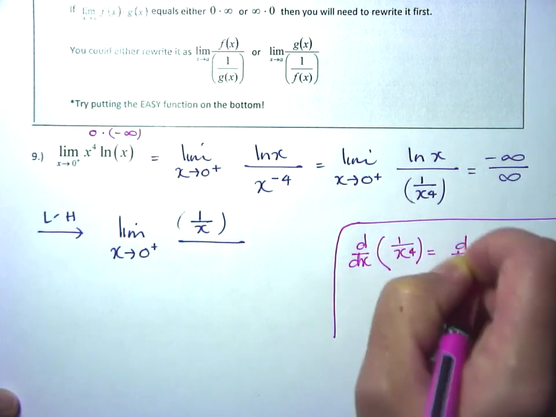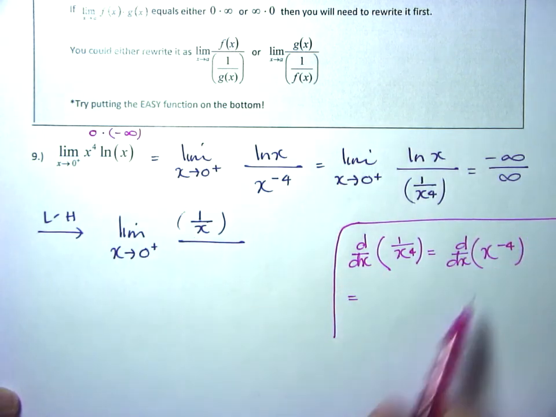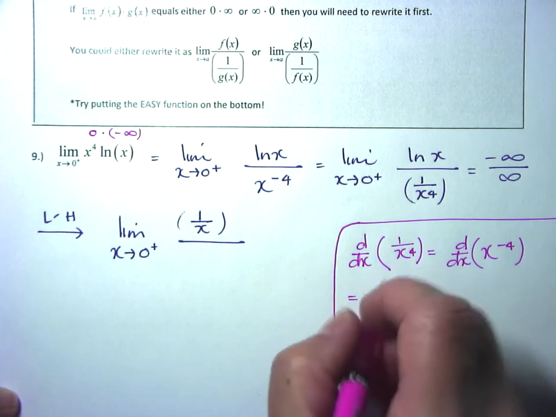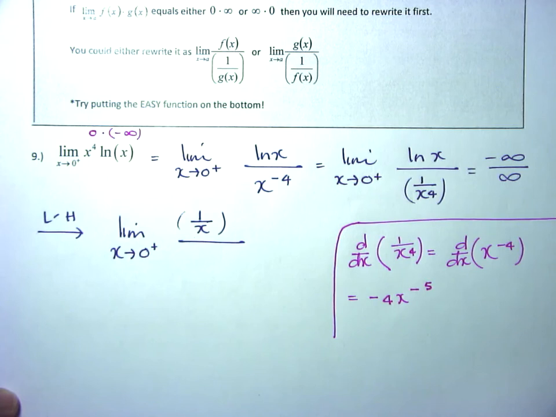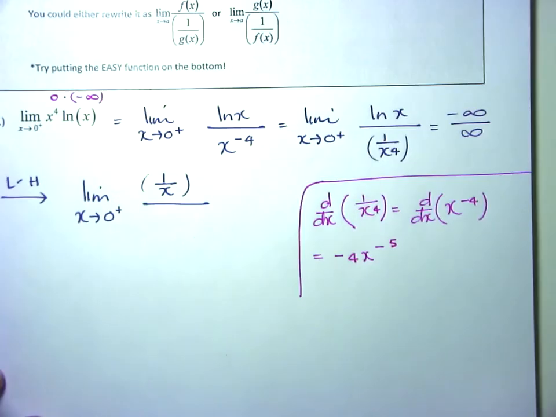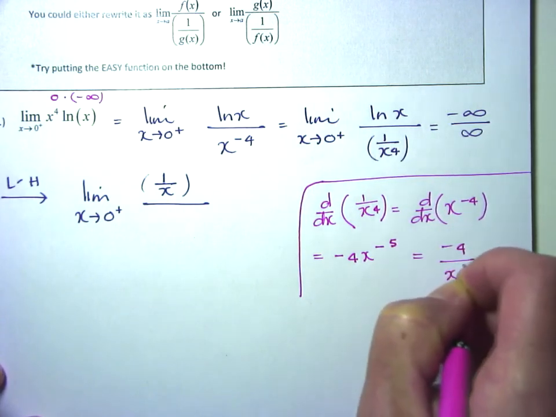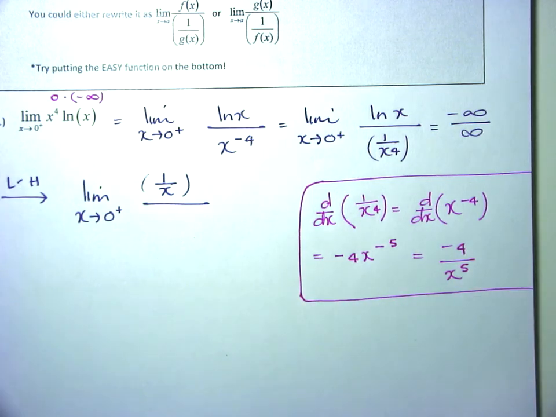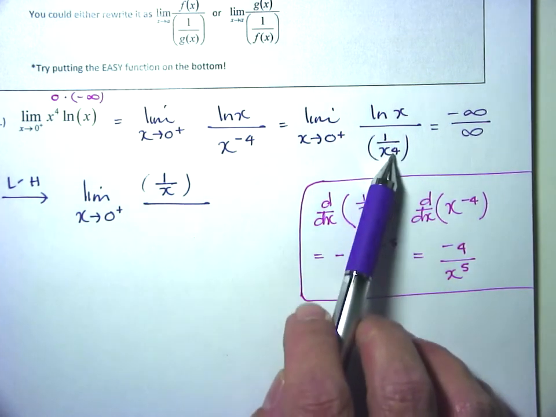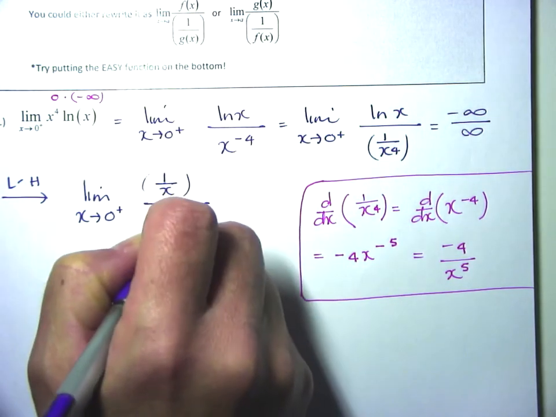This is the derivative of x to the power negative 4, which is negative 4x to the power negative 5. I don't like leaving things with negative exponents though, so I'm going to write this as negative 4 divided by x to the power positive 5. So the derivative of 1 over x to the power 4 is negative 4 divided by x to the power 5.